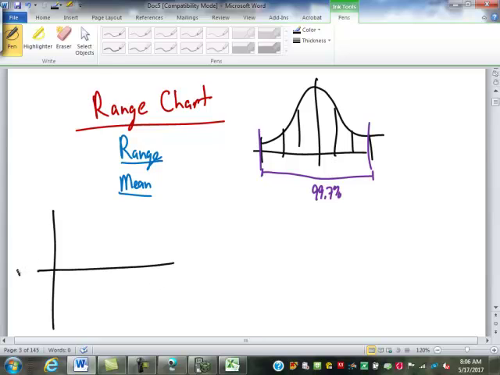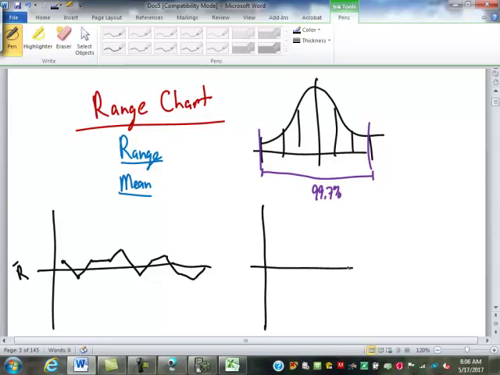This is called R bar, that's the mean range. You track: I take a sample, here's the range of my sample, here's the range of my next sample, and so on. I keep taking samples and I measure the range of those samples and I chart it. And all I'm looking for is that there are no predictable patterns in that range.